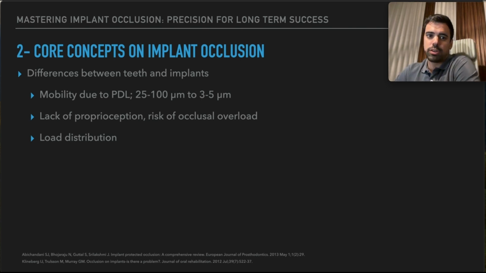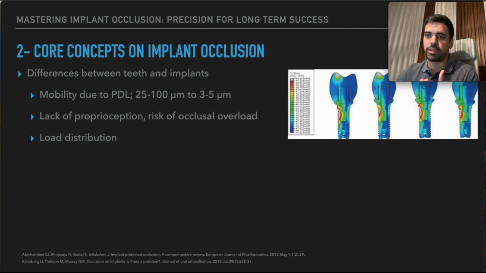And then the load distribution is going to be completely different, because with the periodontal ligament you have all the forces spreading throughout the ligament like a cushion, whereas in implants, I think it was 90% of the load goes in the first third. So this study is really good because it shows where the first third of the implant is being loaded. So that's where, if we ever get a fracture, it is going to be here. It's probably not going to be at the very end of the implant because the loads are here.